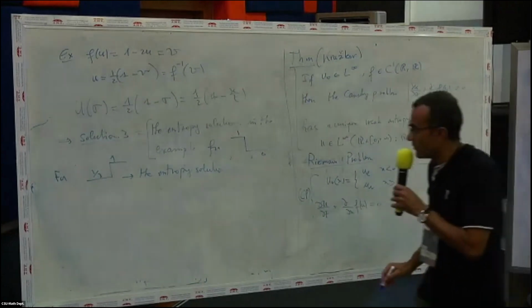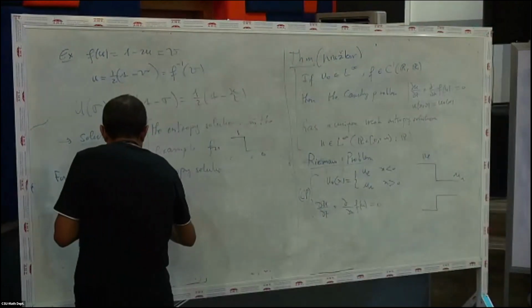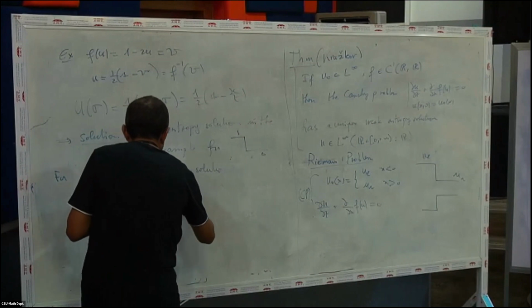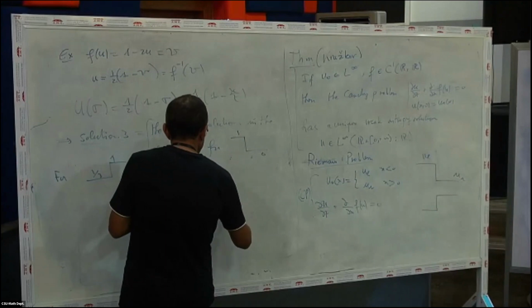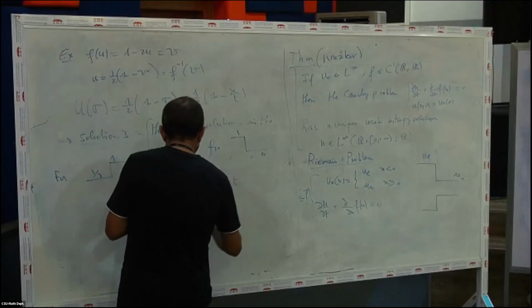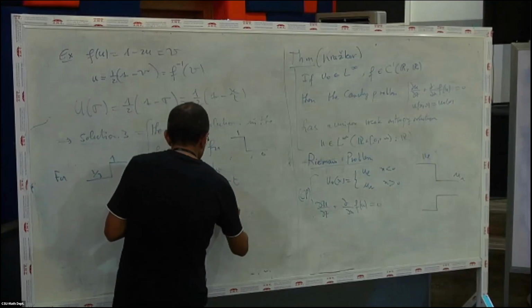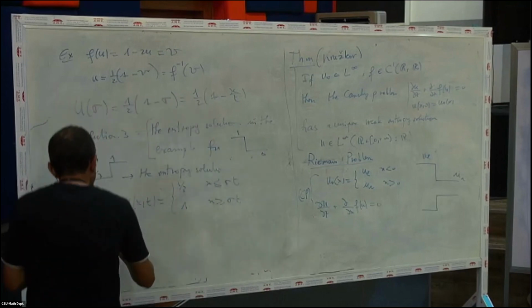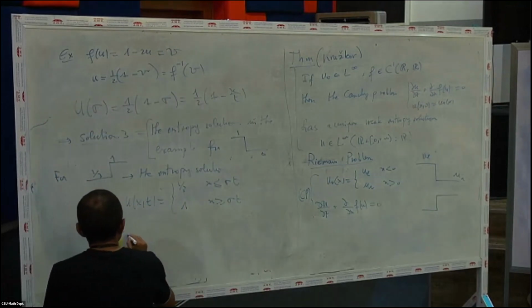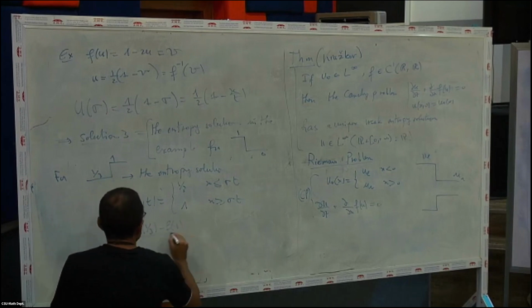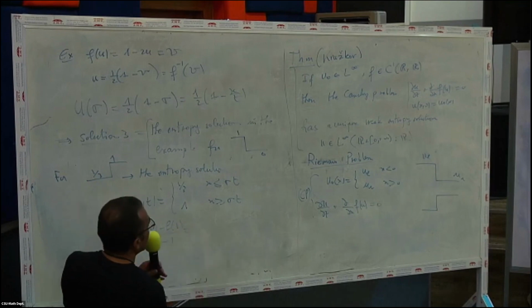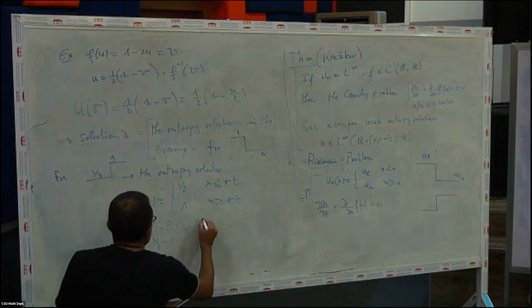So the shock wave is u of x, t equal to 1/3 on the left, for x less than sigma t, and 1 for x bigger than sigma t. And sigma is, I don't remember, but f of 1/3 is 1/3 by 2/3, I think 2/9.